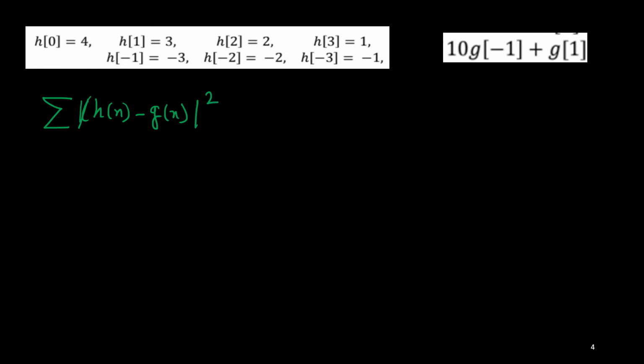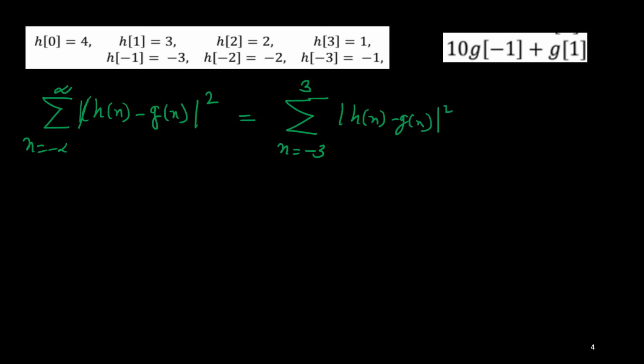So this one, you see this summation n equals minus infinity to infinity. So I can write that, the summation will be from n equal to simply -3 to +3, right? And then it is h of n minus g of n, that square.